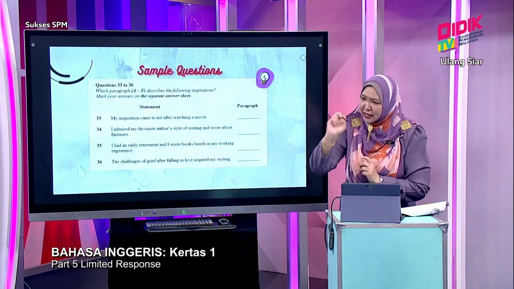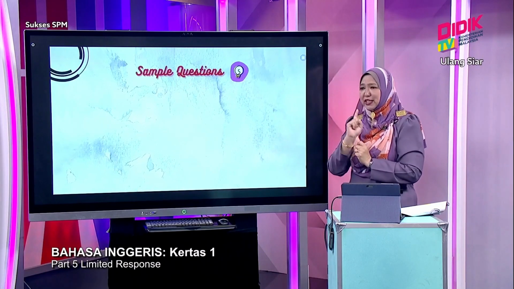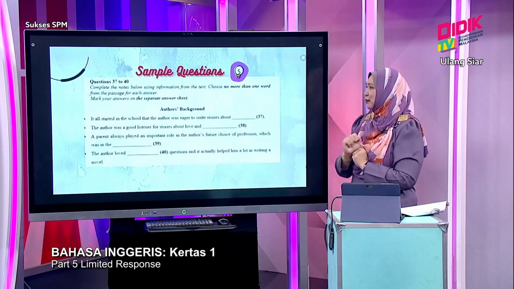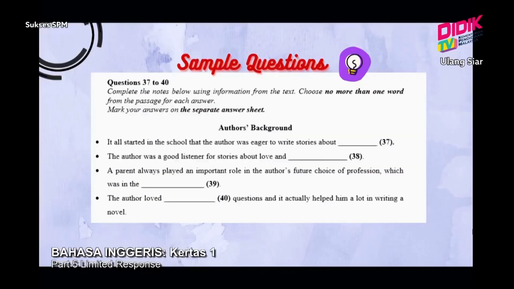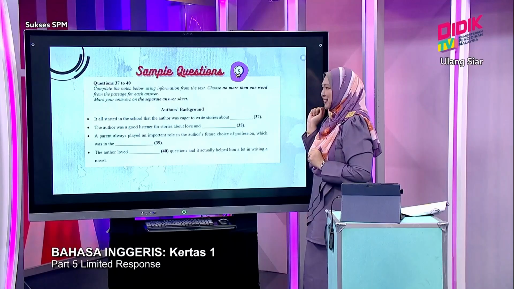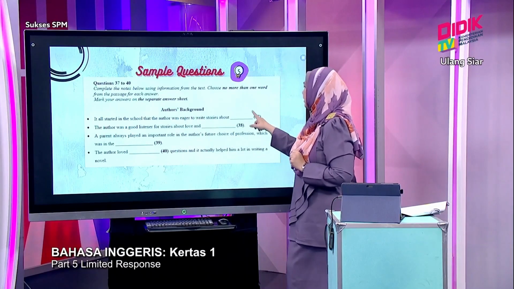Next, the second task, the one word response. Question 37 to 40. Complete the notes below using information from the text. Remember, information from the text. No own information, no own ideas, no own words. Choose no more than one word from the passage for each answer. No more than one word. So write your answer here.